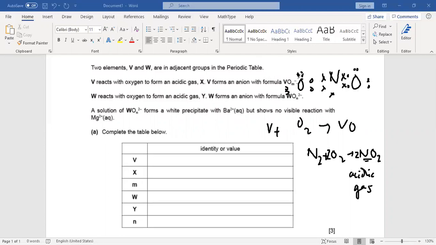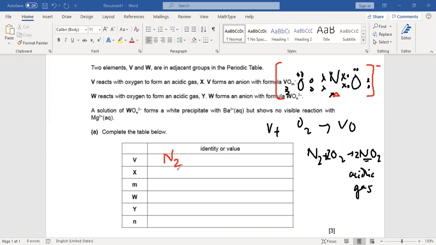So I need to add something, for example, a triangle. Then when I get this triangle, the overall charge of this molecule will be -1. So that also increases my hypothesis that V is probably nitrogen, because it says the atom, so it's actually a nitrogen atom.